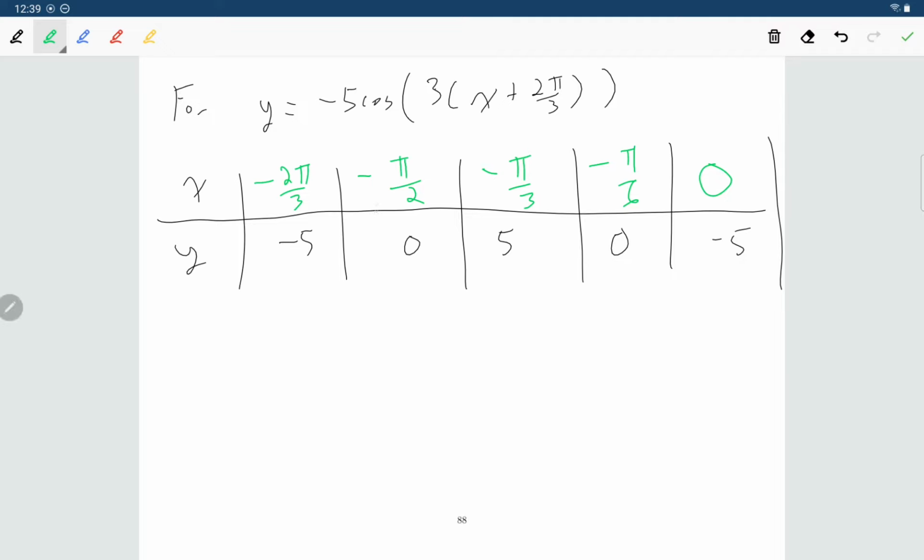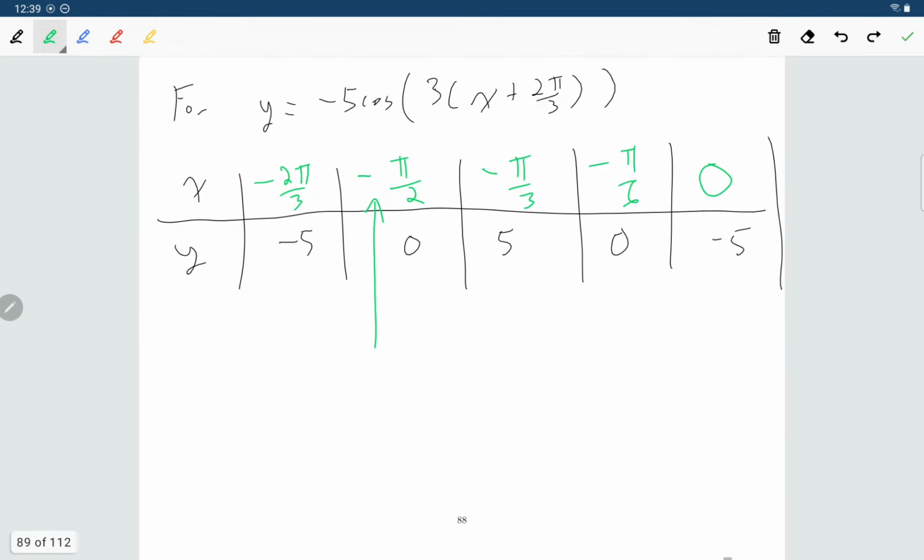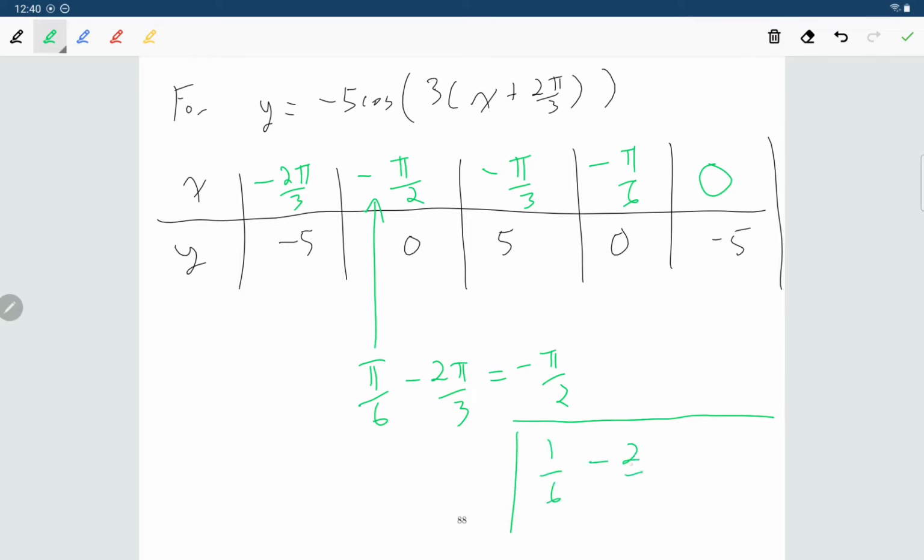For all of these x values, I did my calculations in the following way. For example, for the negative pi over 2, which I found by taking pi over 6 and subtracting 2 pi over 3, how I found that was I thought of it as 1/6 minus 2/3. And using your calculator, you can find that 1/6 minus 2/3 is negative a half.